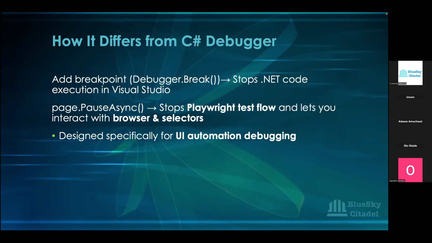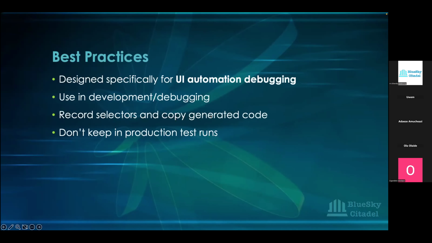So even if you have access to breakpoints and everything in C sharp, the recommended way for you to debug your test is using page.pause async. For best practice, it should be used in development debugging alone. Then it can be used to record selectors and copy generated code, but more on the generated code later on.